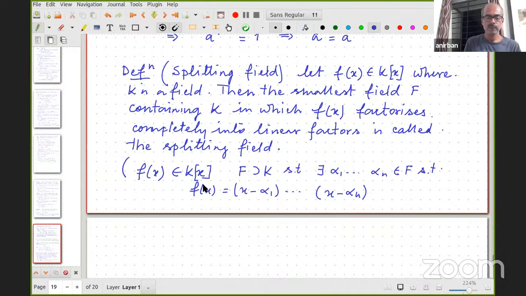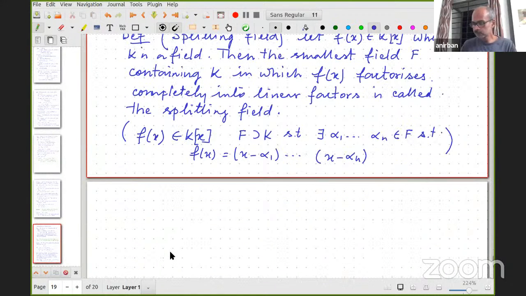So if F is the smallest field in which this complete linear factorization happens, then it's called the splitting field. Splitting fields exist and are unique. That is a fact we have to assume from general field theory.